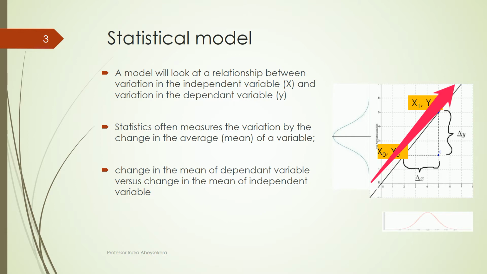And in the modeling, we think that this relationship is a linear relationship. So we capture that change by the mean of the independent variable or the average, and the average of the dependent variable or the mean before the change, and then the mean of the independent variable and mean of the dependent variable after the change.